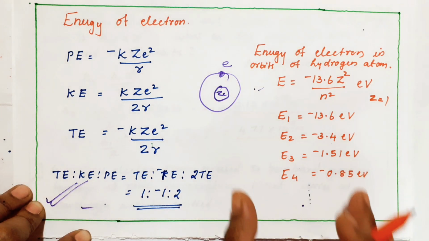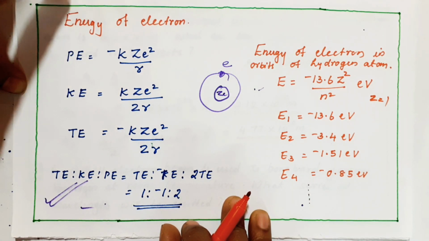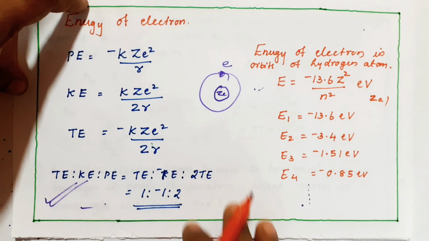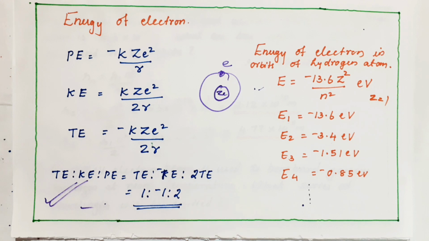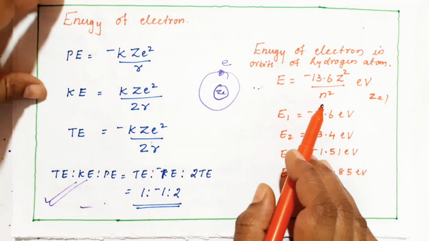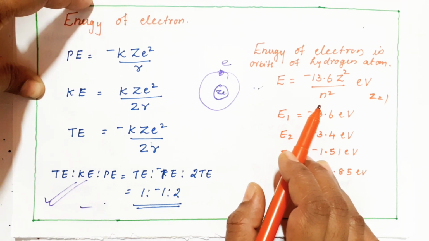So you see the energy is getting increased. Remember all these equations, sure questions: potential energy, kinetic energy, total energy, and the energy in the simple shortcut form minus 13.6 Z square by n square eV.